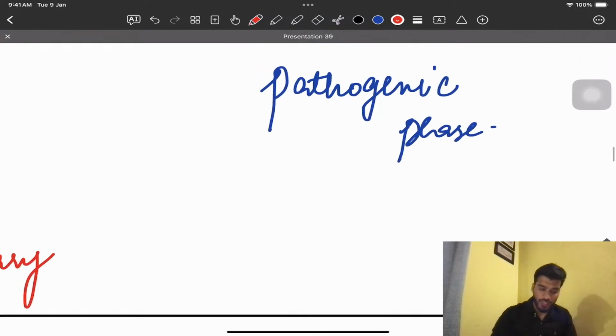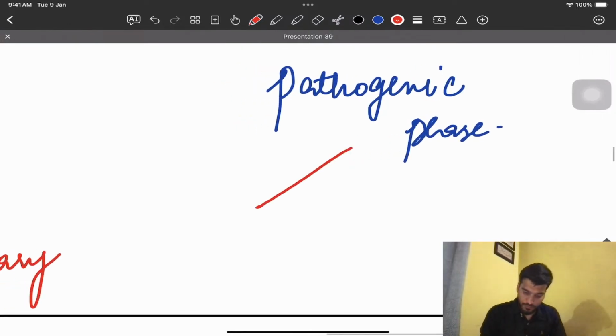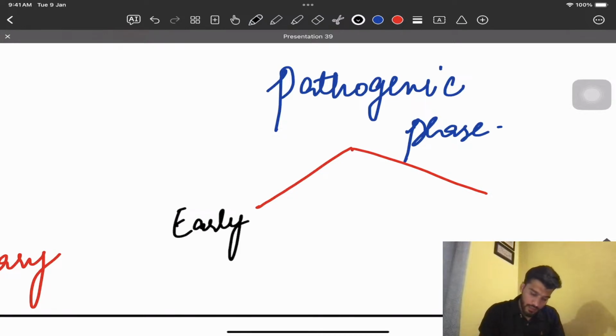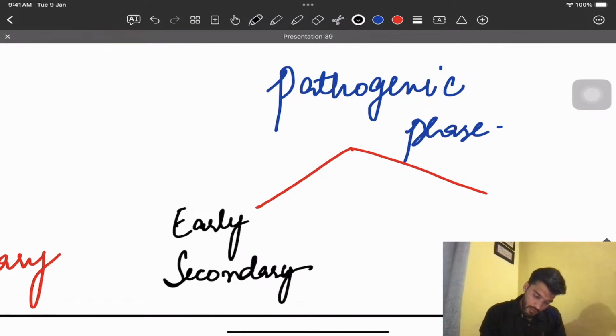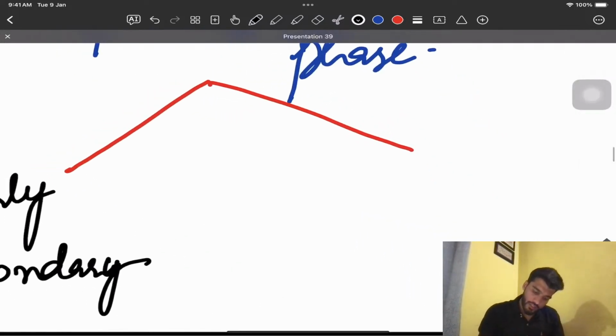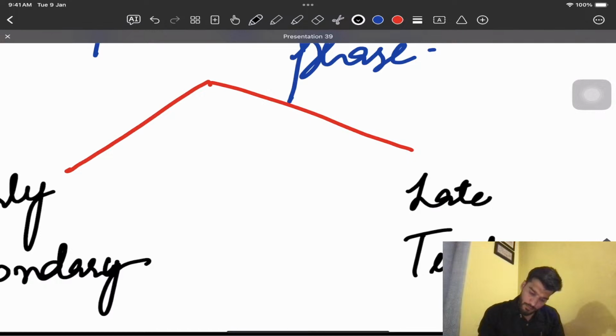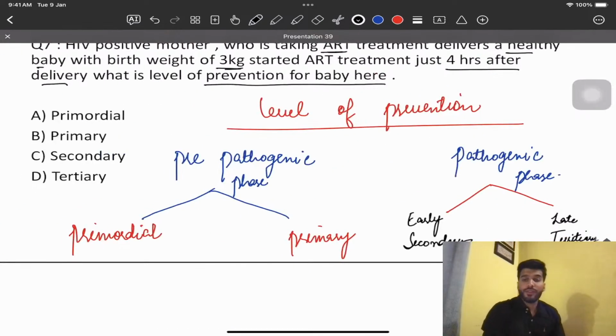In the pathogenic phase, my dear students, we have two: either early, secondary, or late, tertiary. Level of prevention, guys: pre-pathogenic and pathogenic.